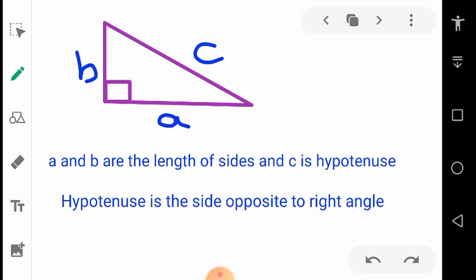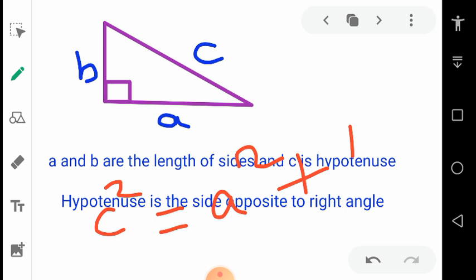According to the theorem, the square of the hypotenuse, that is C square because hypotenuse is C, is equal to the sum of the squares of the remaining two sides. It means C square equals A square plus B square. This is the mathematical expression of Pythagoras theorem.